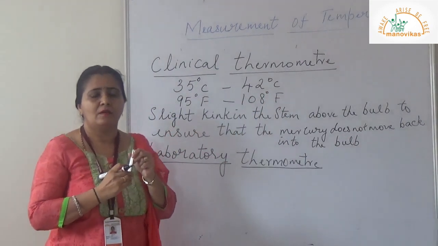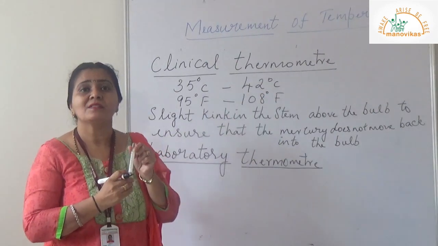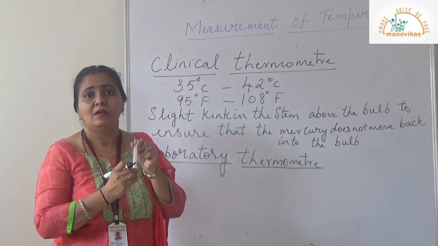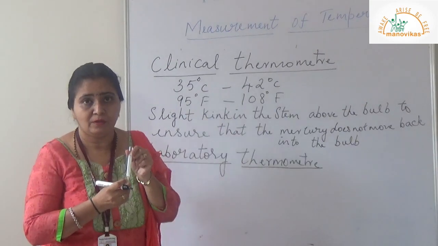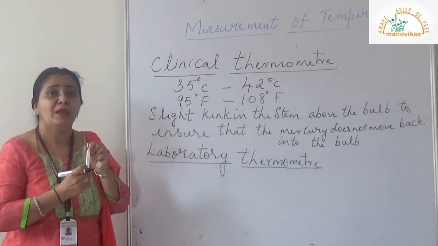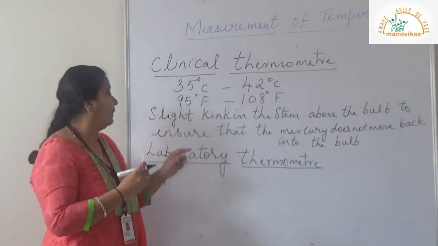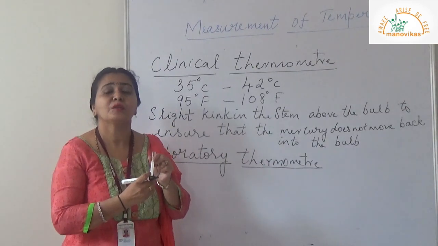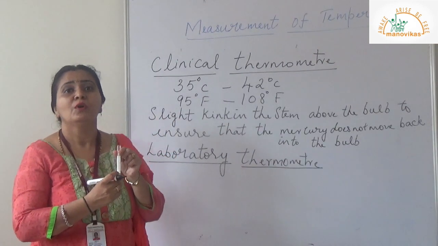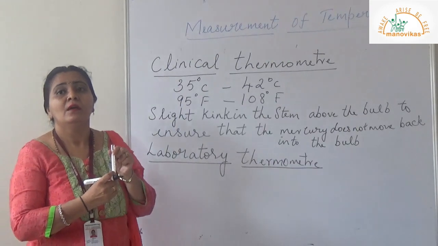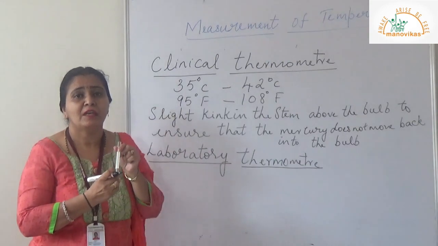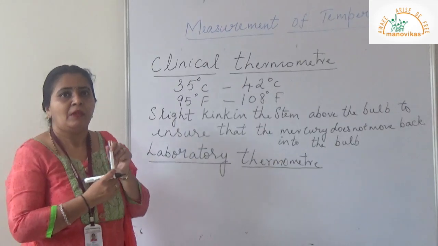There is a slight kink just above the bulb. This kink is mainly to ensure that the mercury does not move back into the bulb.